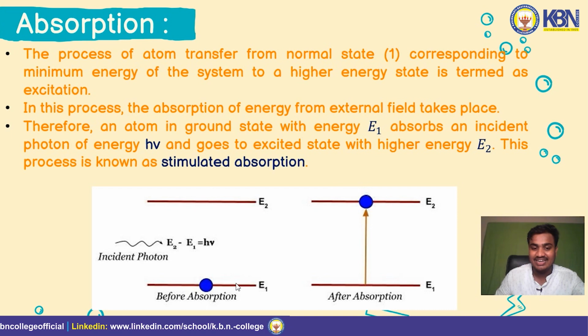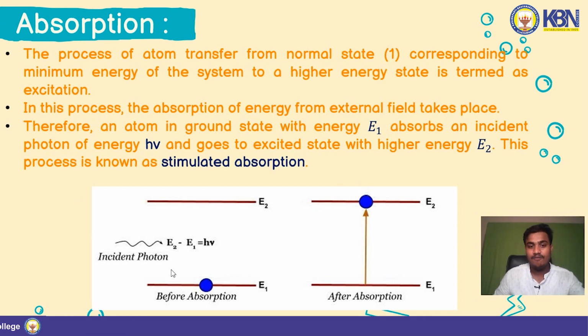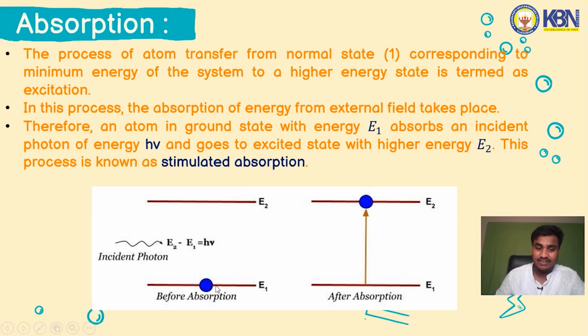E1 will have less energy as compared to E2. In this process, the absorption of energy from the external field takes place. Suppose an atom is present in the energy level E1.